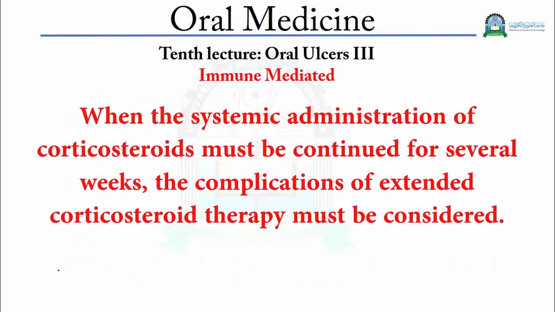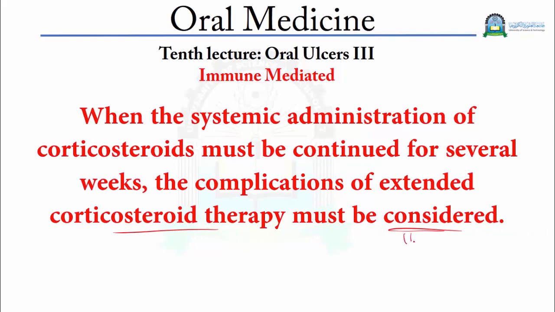When the systemic administration of the corticosteroid must be continued for several weeks, as we know, these drugs can lead to complications such as diabetes and hypertension. So the complications of extended corticosteroid therapy should be considered.